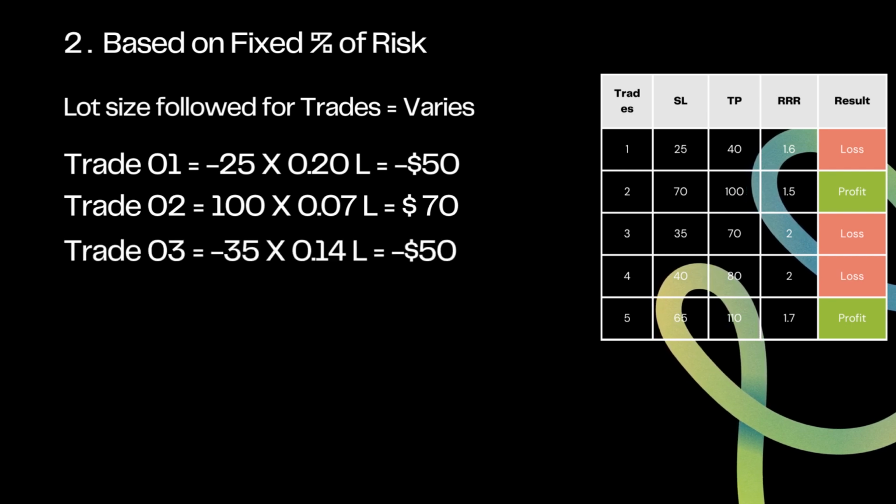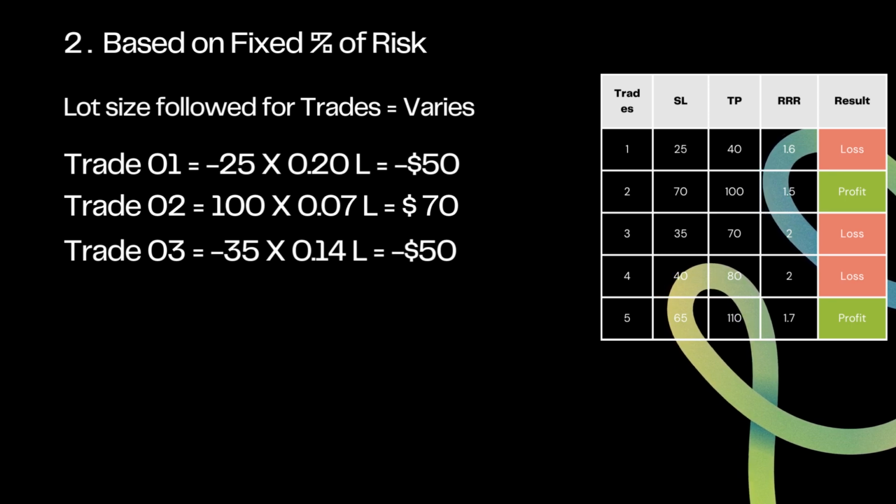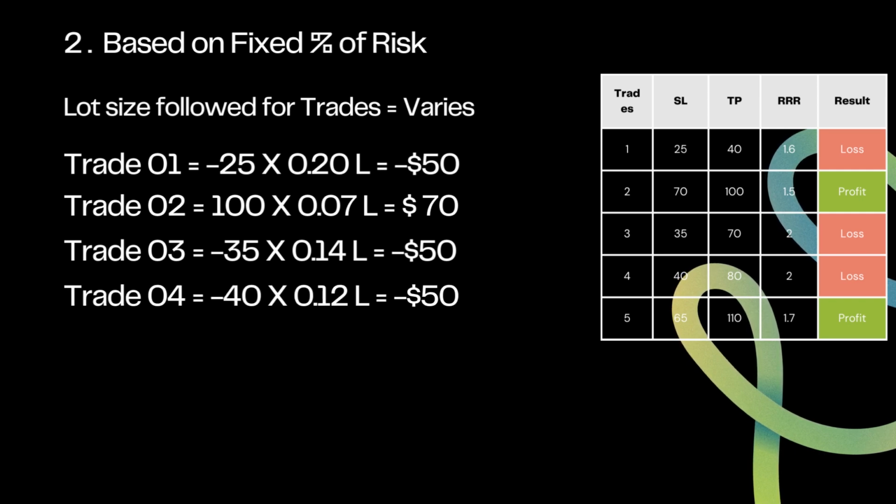On trade 3 we lost 35 pips, but with a lot size of 0.14 we lost $50. And on trade 4 again we lost 40 pips, and with a lot size of 0.12 we again lost $50.